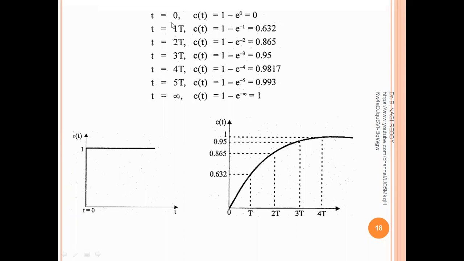So how can we plot? T is our reference value, which is our x-axis. You can see here R of t, time is our domain. So in the x-axis we will have time, in the y-axis we will have magnitude.